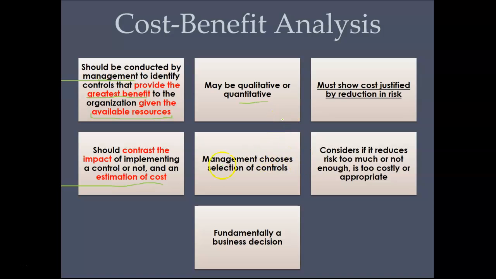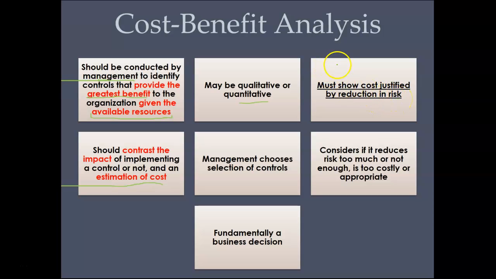So management chooses the selection of control. After this analysis is done, the management will choose which controls to apply, and so at the end it's decided by the business. It's a business decision. So it must show cost justified by reduction in risk.